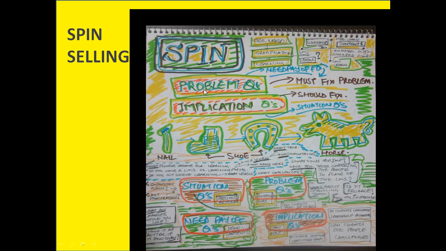Then from these problem questions itself, you come to the implication questions. So you looked at S, which is the situation, then P, which is problems, and now you come to implication questions, the I of the SPIN basically. Now the implication questions are: what should you fix and to what extent can you fix this? Further implied, what all challenges can happen if this thing is not fixed?